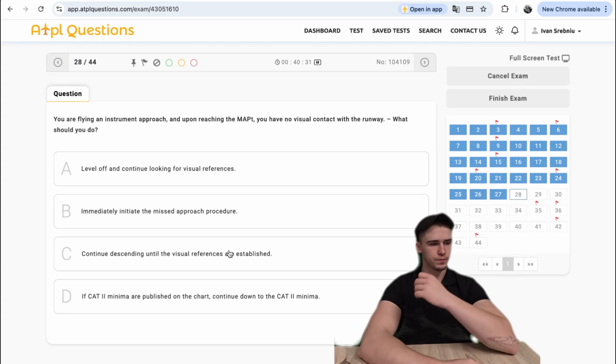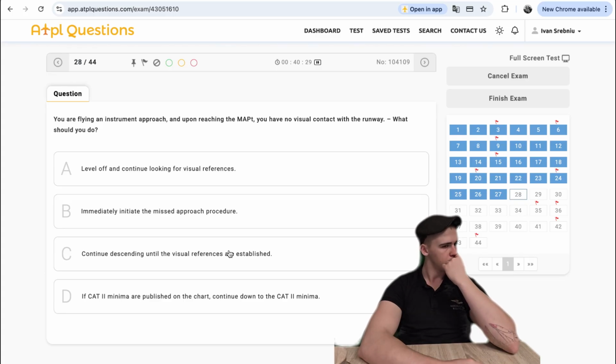What should you do? Immediately initiate the missed approach procedure and go around.